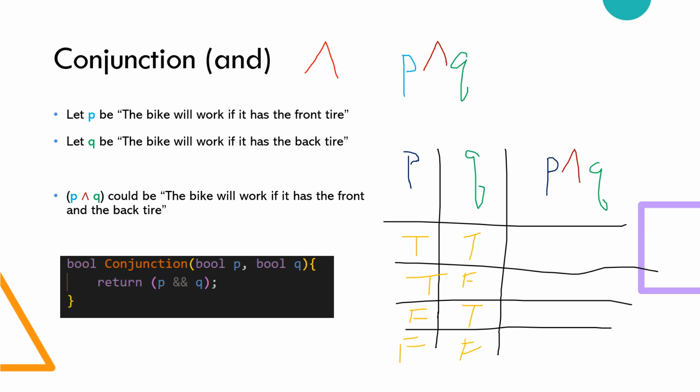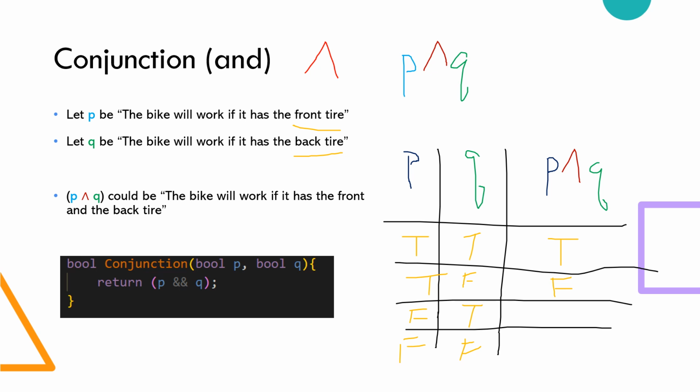So let's think of it logically. The bike will definitely work if both the front and back tire are working. So if both of these statements are true, then the bike will surely work. Now if P is true and Q is false, if the bike has a front tire but doesn't have the back tire, then the bike won't work. So that is false. Same thing with P being false and Q being true.